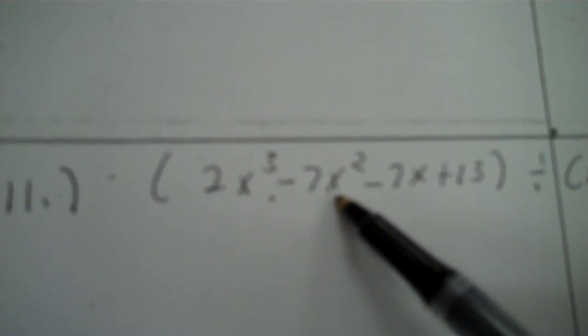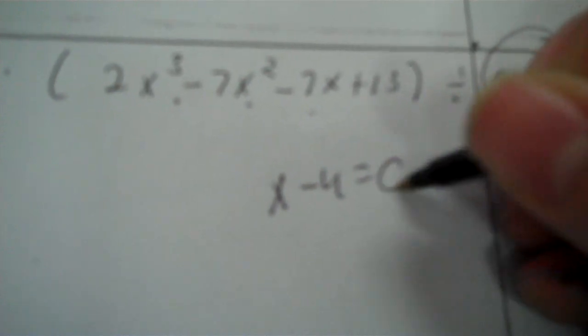Okay, on number 11, 2x cubed minus 7x squared minus 7x plus 13 divided by x minus 4. You're not solving this. Don't set it equal to 0 and solve. So you have 2, negative 7, negative 7, and 13.